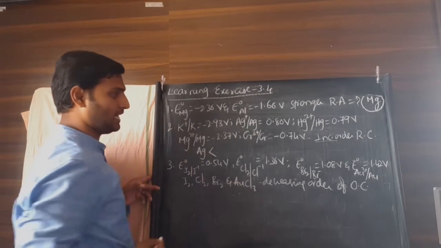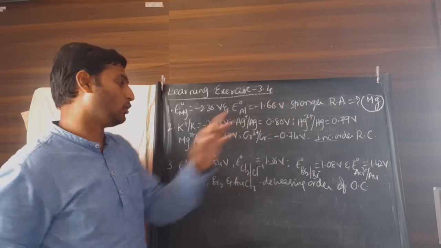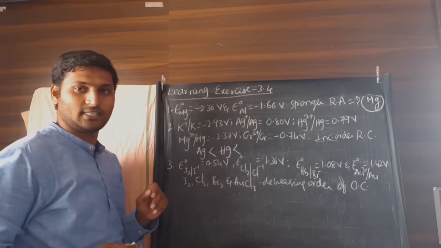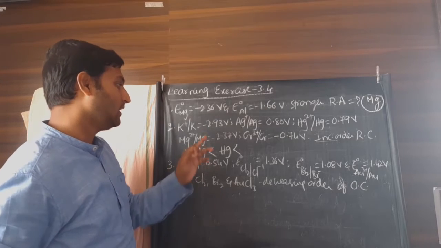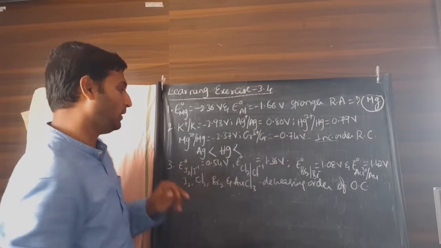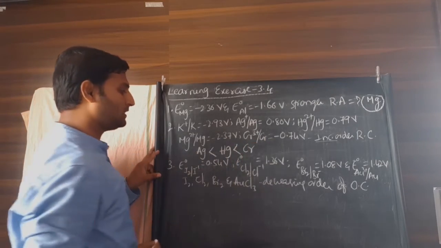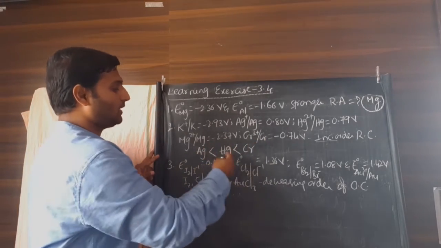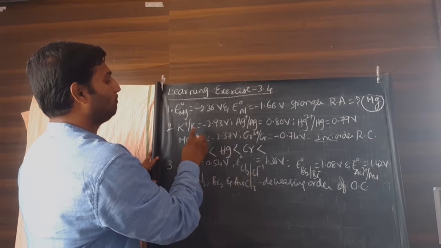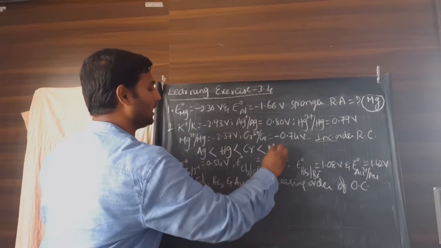So silver is less than... Second highest electrode potential is for mercury. So mercury will be second weakest, less than... Then the next higher electrode potential is present for chromium. So chromium is greater than mercury and then lesser than magnesium, I can say.